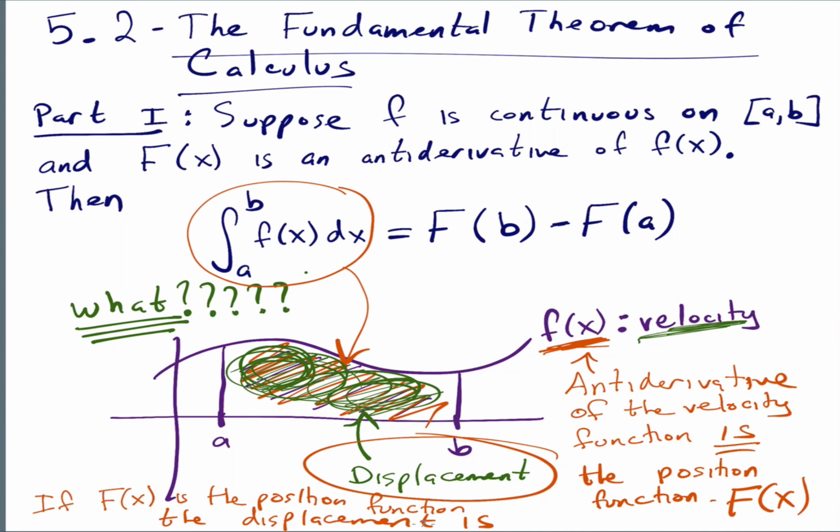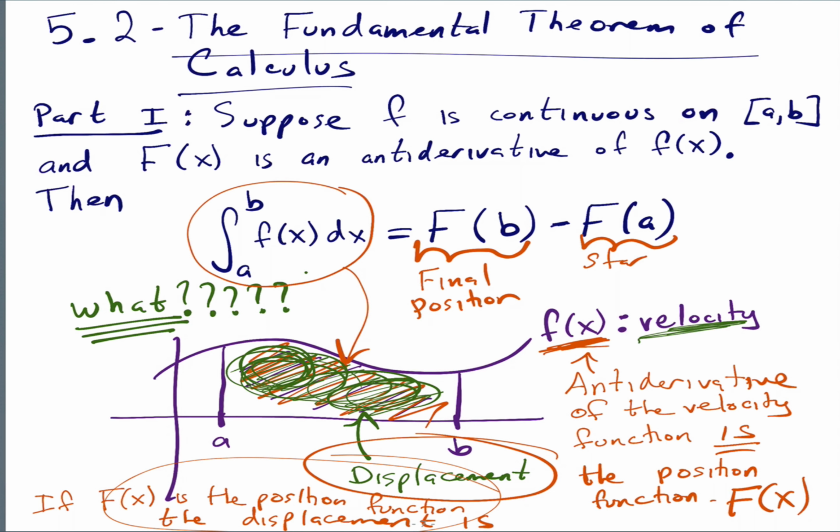That's the distance you've traveled, the net distance. For example, what is that right there? In the context of velocity and displacement, this is the final position. What is this? That's the starting position. If you subtract the two, what do you get?